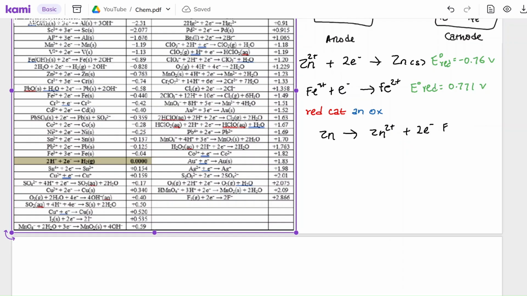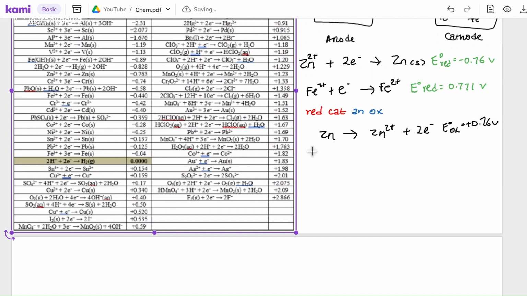And then the E oxidation becomes positive 0.76. You want both of the E potentials to be positive, so you have to flip this to E oxidation instead of E reduction. The other one remains the same since its reduction potential is positive.